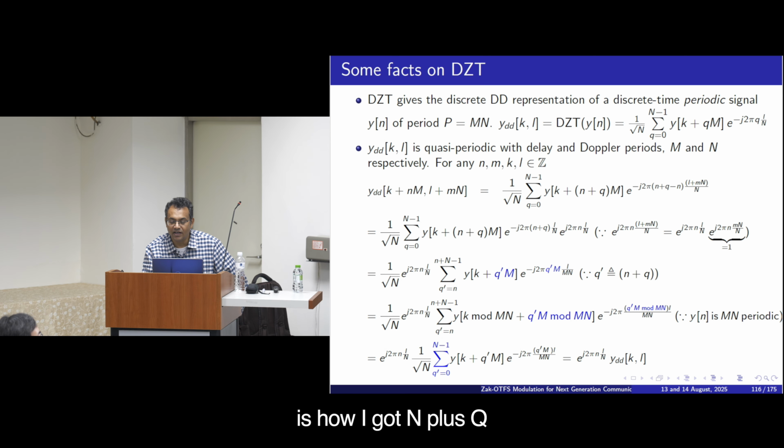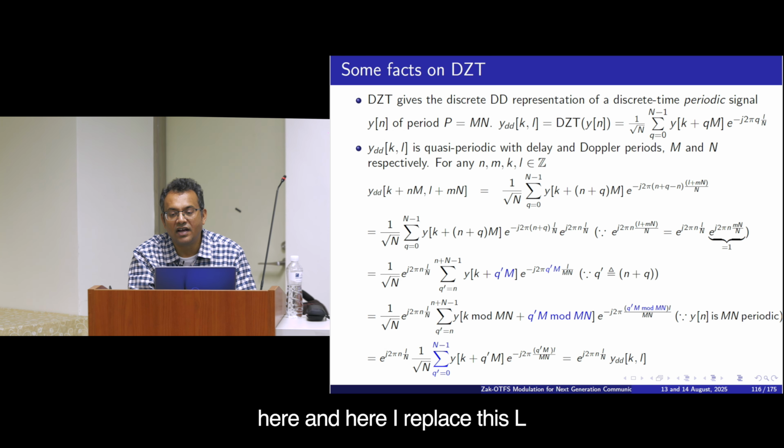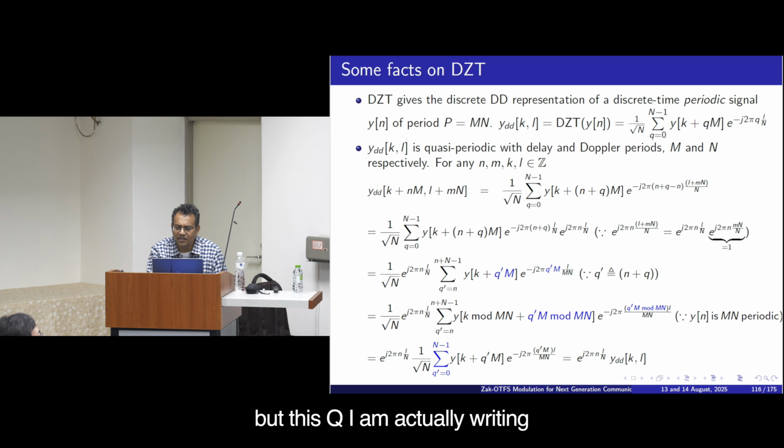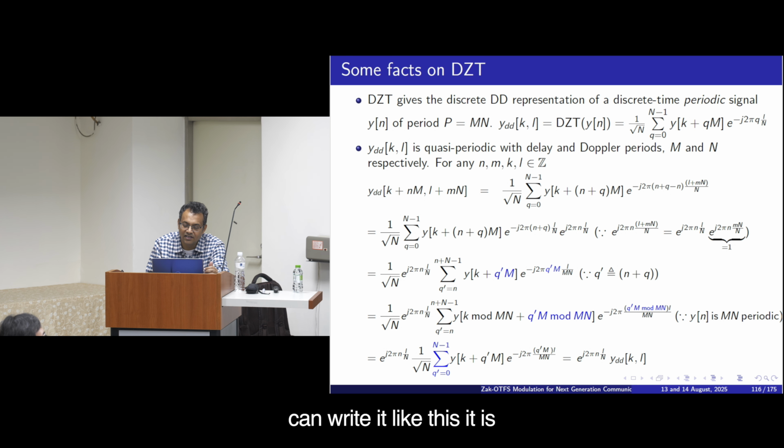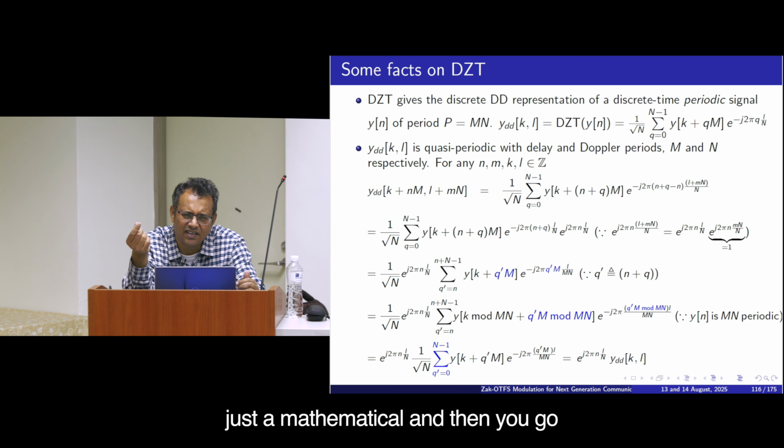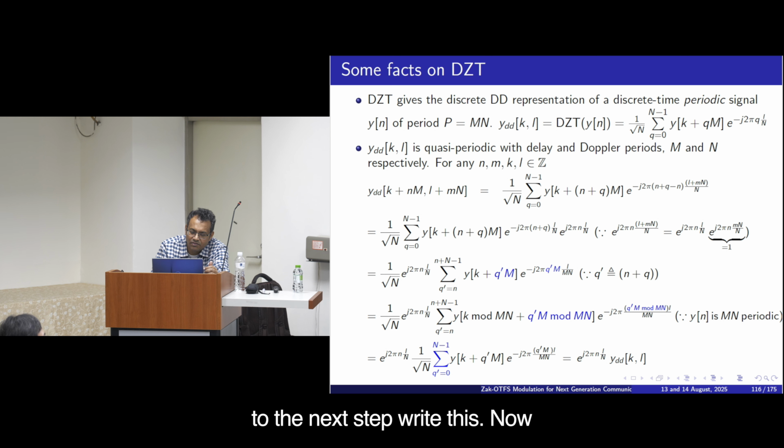So, that is how I got n plus q here, okay. And here I replace this l with l plus m times capital N, but this q I am actually writing in this way. The reason is because I want to have n plus q everywhere. This q I can write like this, it is just a mathematical trick. And then you go to the next step, write this.